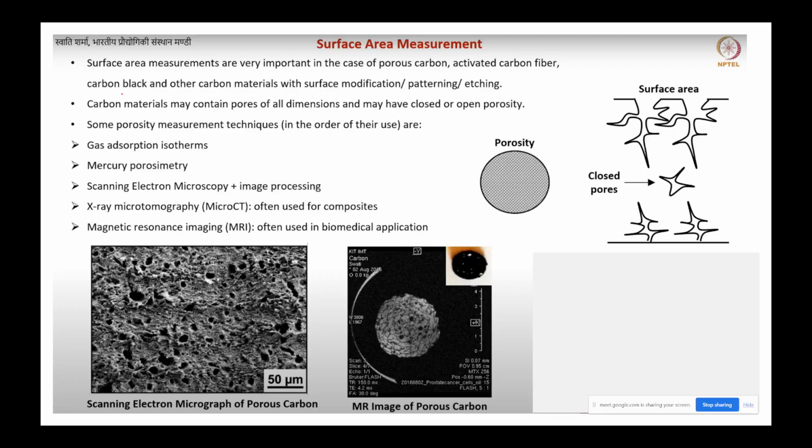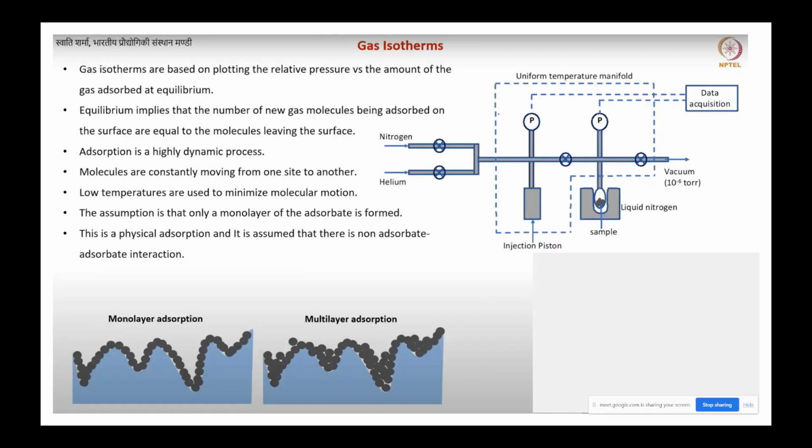This can be measured by gas adsorption isotherms, mercury porosimetry, SEM or image processing, MRI, and micro-CT, which is X-ray microtomography, a very well known technique. Here is a material with a lot of porosity, which can be studied by tomography techniques. These are closed pores, these are open pores, and this is your surface area.